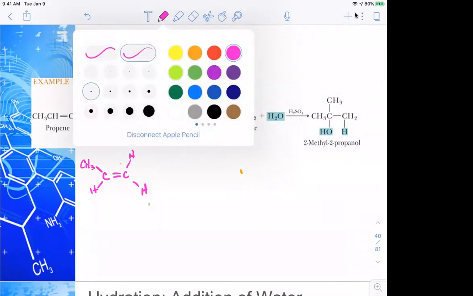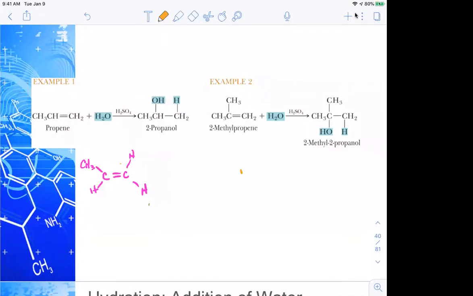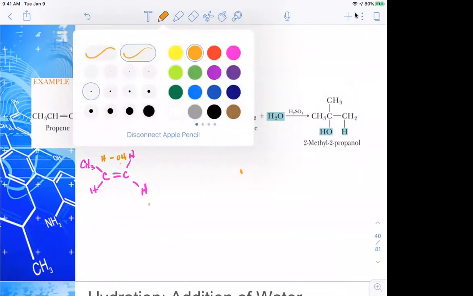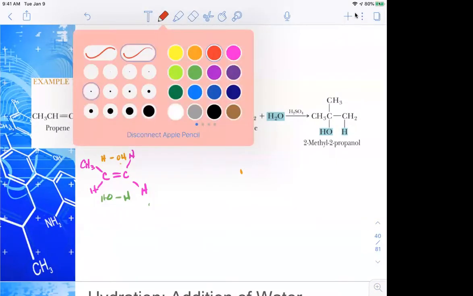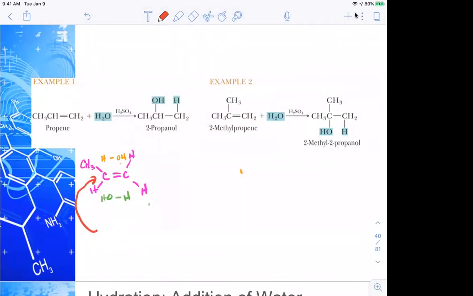Remember, I always have two choices. I could add this way, or I can add this way. And this is going to be my most substituted carbon, and this is my least substituted carbon.